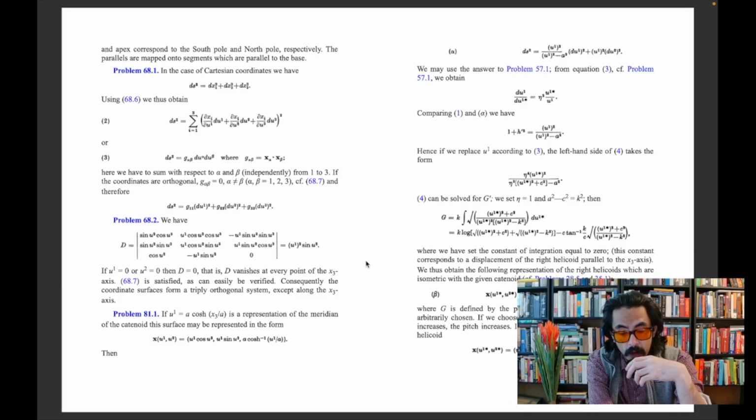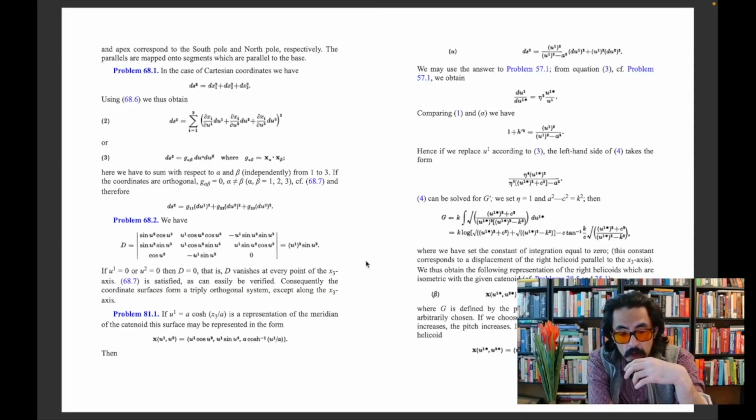Then we have, this is actually going to be referred to momentarily, expression alpha here, which is ds squared equals a fraction first, which is u1 squared over a denominator of u1 squared minus a squared, and then that fraction is times du1 squared, which is then plus u1 squared times du2 squared.